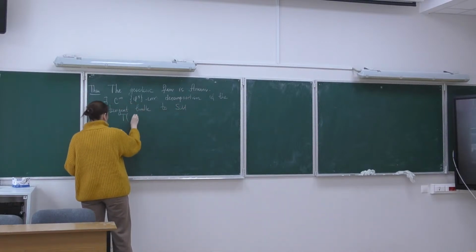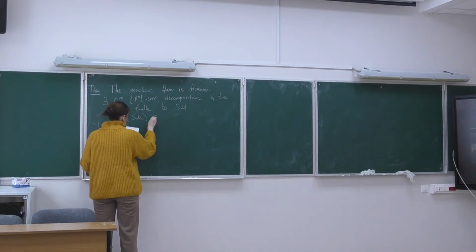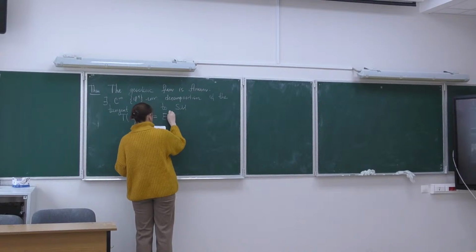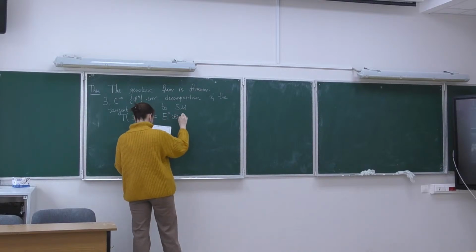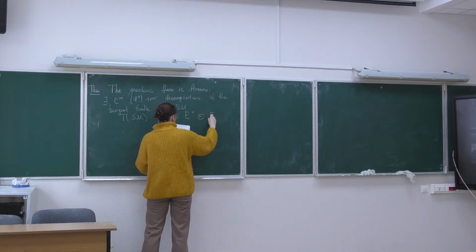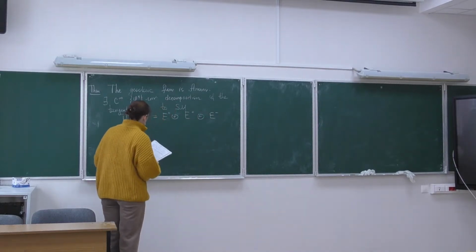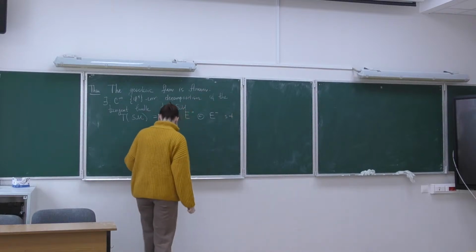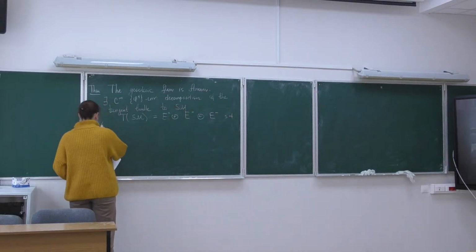Namely, there are three components: E0, E plus, and E minus. It was a direct sum, so they did not have non-trivial intersection, and each had a special sense.